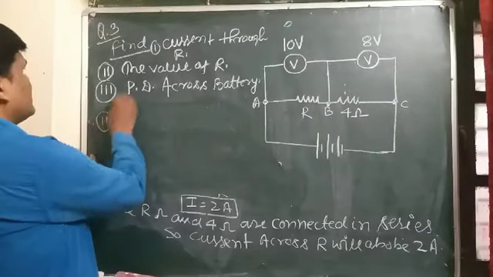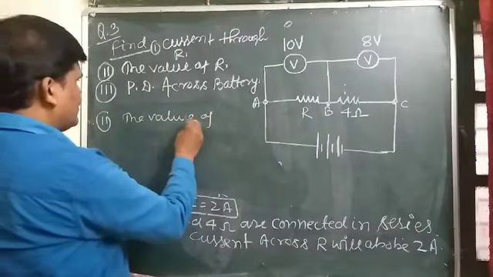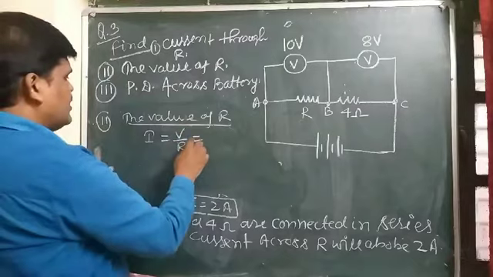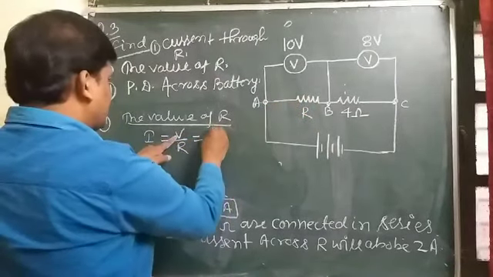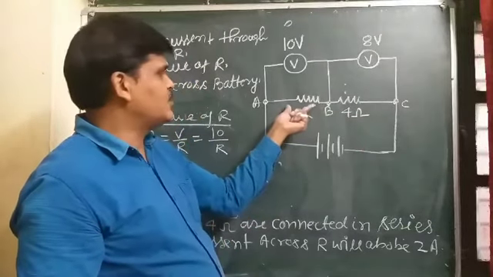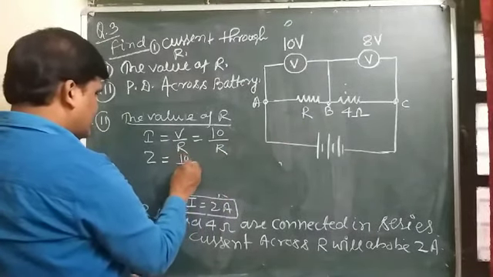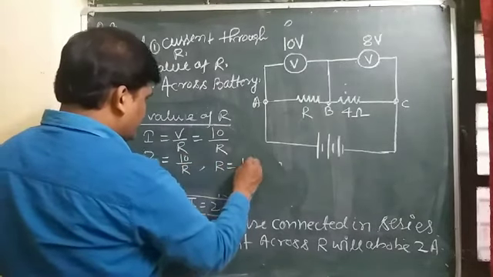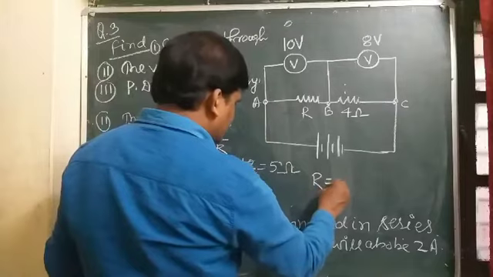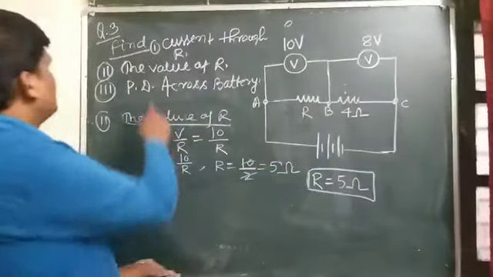Second part, value of R. Using the formula I equals V by R, where V is the voltage across R, 10 volt, and the current flowing in the 4 ohm resistance is 2 ampere, so 2 ampere will also flow through R. So 2 equals 10 by R, cross multiplication, R equals 10 by 2, which comes out to be 5 ohm. This is the second answer.